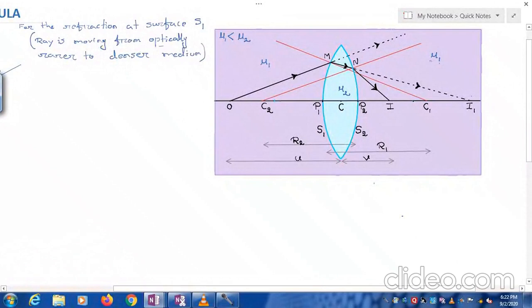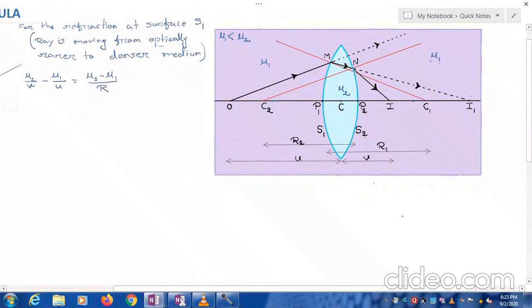So the formula for the refraction at a spherical surface is mu2 by V minus mu1 divided by U is equal to mu2 minus mu1 divided by R.